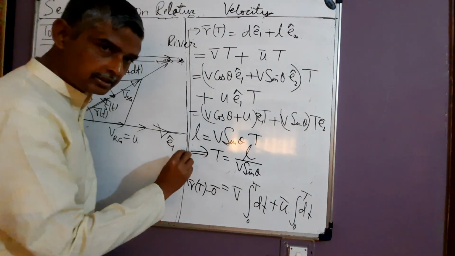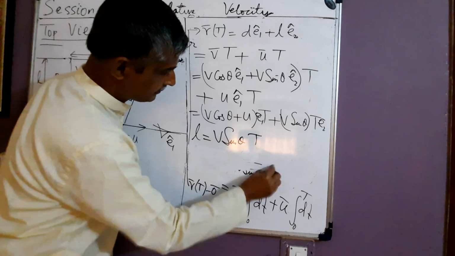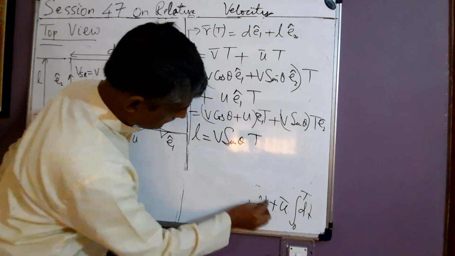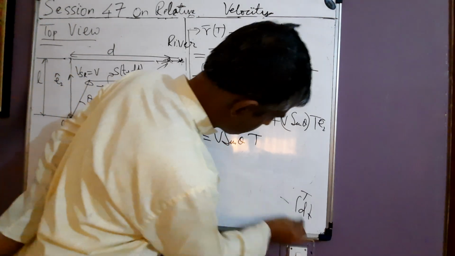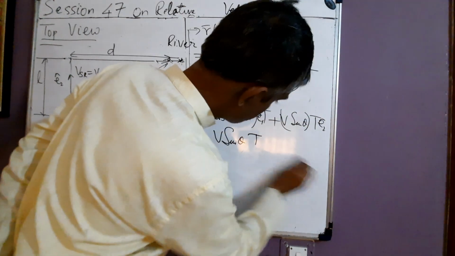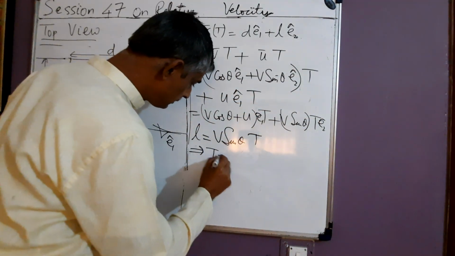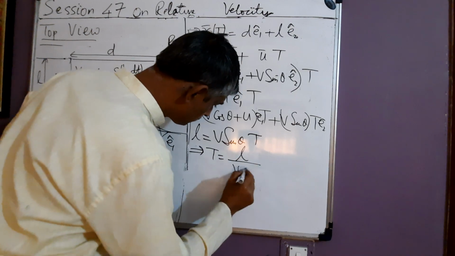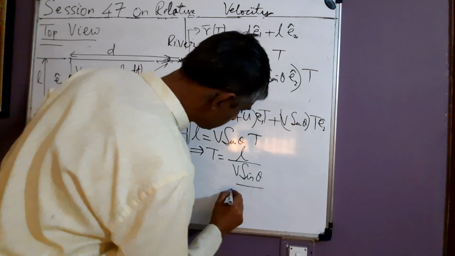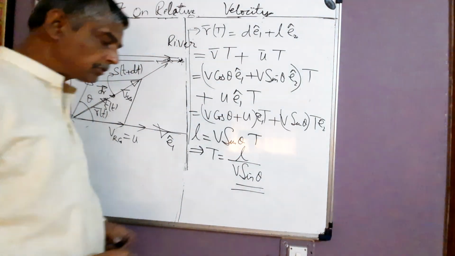So from this we get T is equal to L by V sin theta. This is the time taken by the swimmer to cross the river.